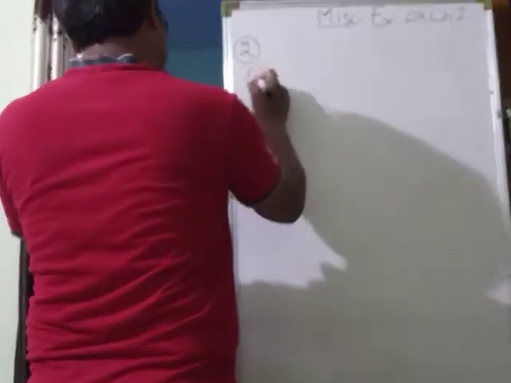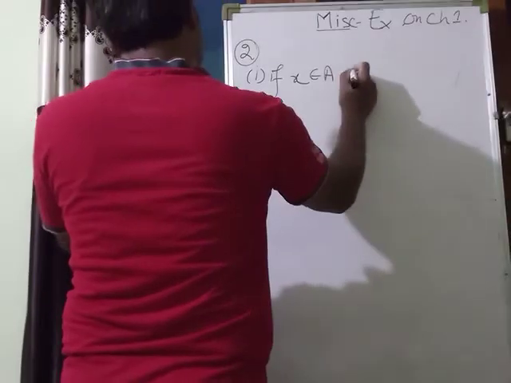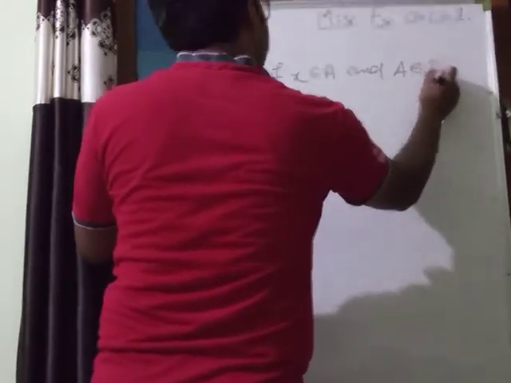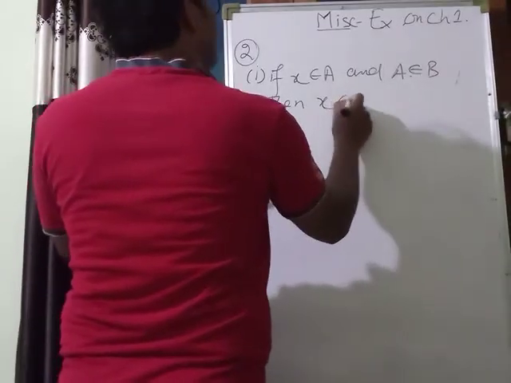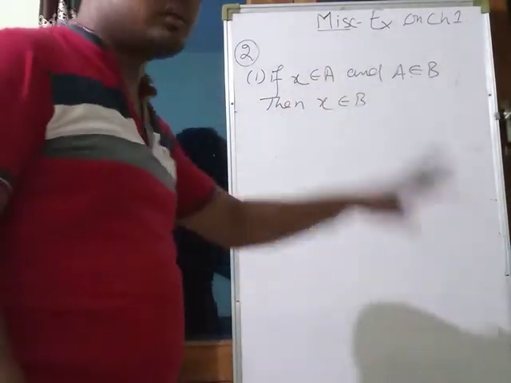In this, the first one is: if x belongs to A and A belongs to B, then x belongs to B. Okay, is it true or not?